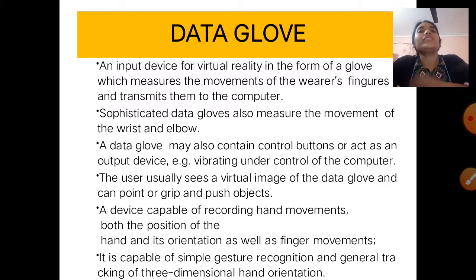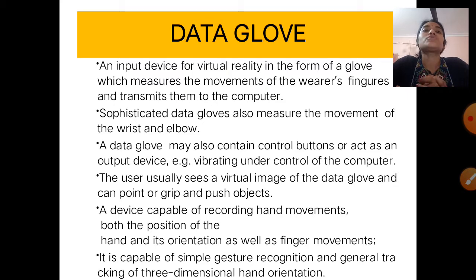An input device for virtual reality in the form of a globe which measures the movements of the viewer's fingers and transmits them to the computer. That means data globe is an input device, but it looks like a globe which measures the movement of the wearer's fingers and transmits them to the computer.